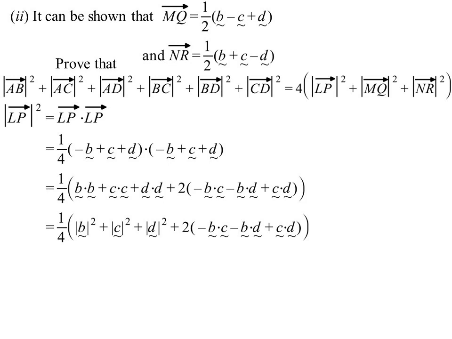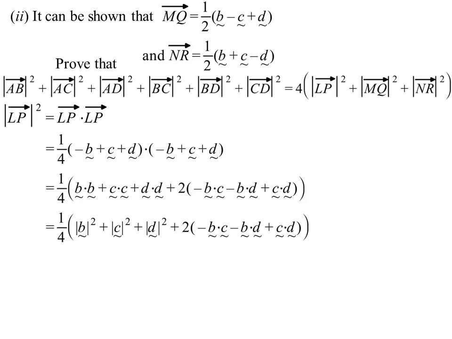And in the other one, I get twice all of these minus b dot c and b dot d and c dot d. The only difference between LP, let's go back, there it is. In the LP, it was the b that was negative. In the MQ, it's the c that's negative. And in the NR, it's d that's negative.